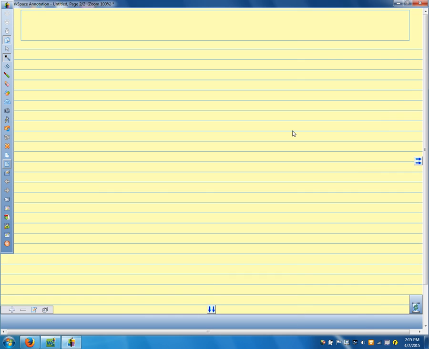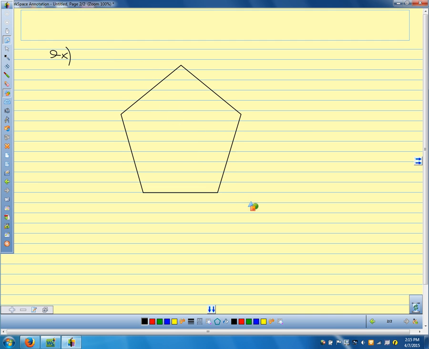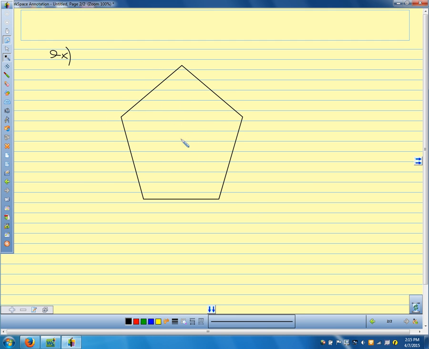So let's do an example finding some angles in a regular polygon. So I'm going to use a pentagon again, just because that's what we're using now. That doesn't mean that a pentagon is the only kind of regular polygon. So this is a regular pentagon. And I'm going to draw in some angles that we're supposed to find.